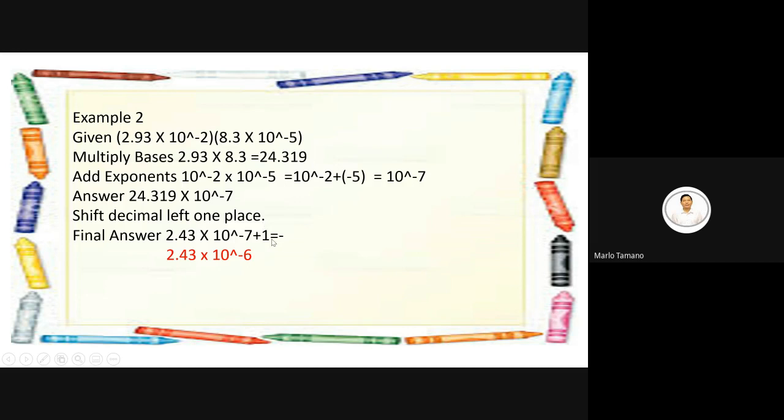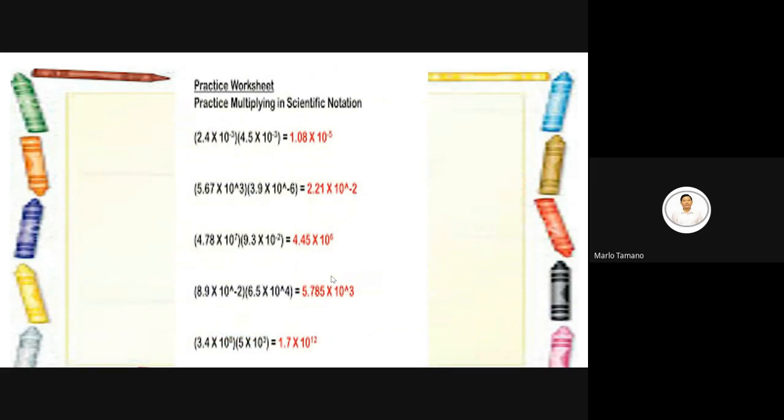And what is the sign of the 7? Di ba negative? Okay po. Negative. May tanong? Wala na. Okay, wala na tayong number 3.